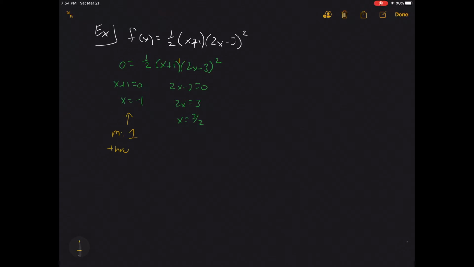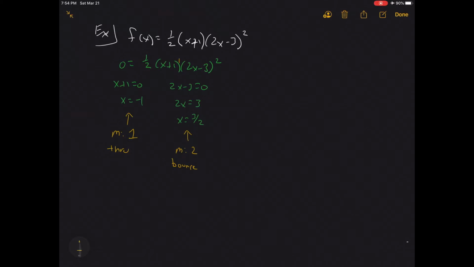Now the second one had a multiplicity of 2 because of the fact that there's a squared on it. That has a multiplicity of 2, which means that this one is going to bounce or just touch the graph at 3/2 and then go the opposite direction.